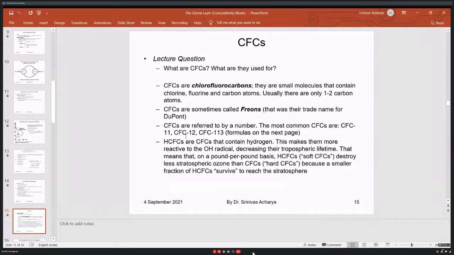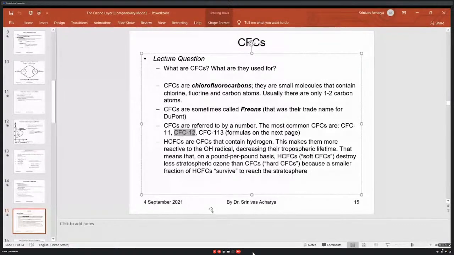How can we make out the structure of a chlorofluorocarbon from this nomenclature? If you have CFC12, then you just add 90 to this 12. 102 is there.